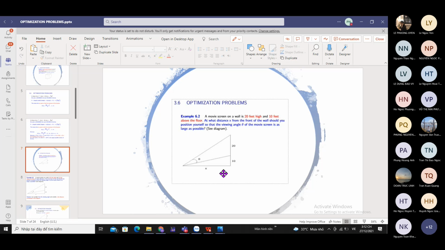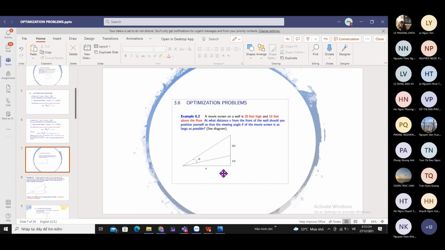So, as in the previous example, first we try to represent theta as a function of x. Here, we introduce a variable. x is the distance from our position to the wall.